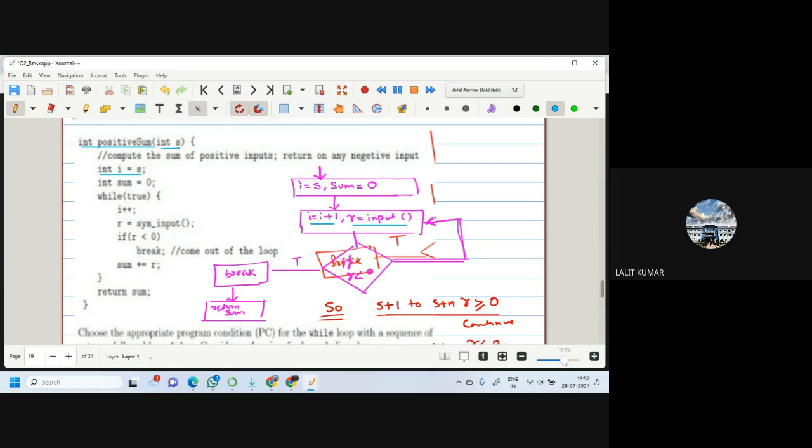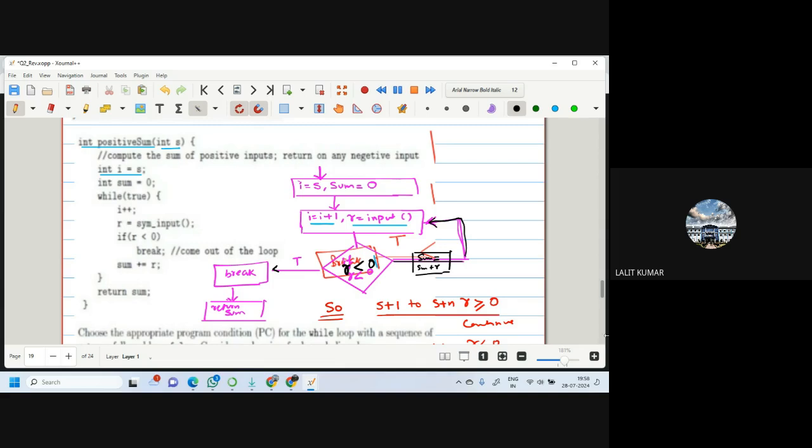If R is less than 0 is true, break. If it is false, it updates sum: sum is equal to sum plus R, and then it goes back here.